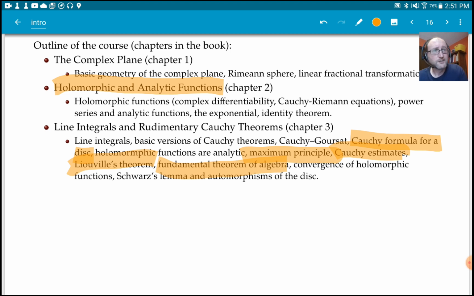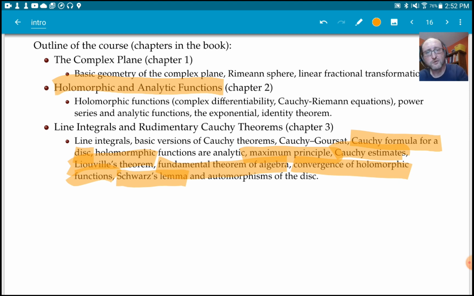We're going to look at convergence of sequences of holomorphic functions. Whenever you look at a set of functions, you want to know how they converge, right? What's the right topology on the set of these functions? We're going to look at the Schwarz lemma, which again is some sort of estimate of the function depending on how far it is holomorphic, and it has lots of really neat consequences.